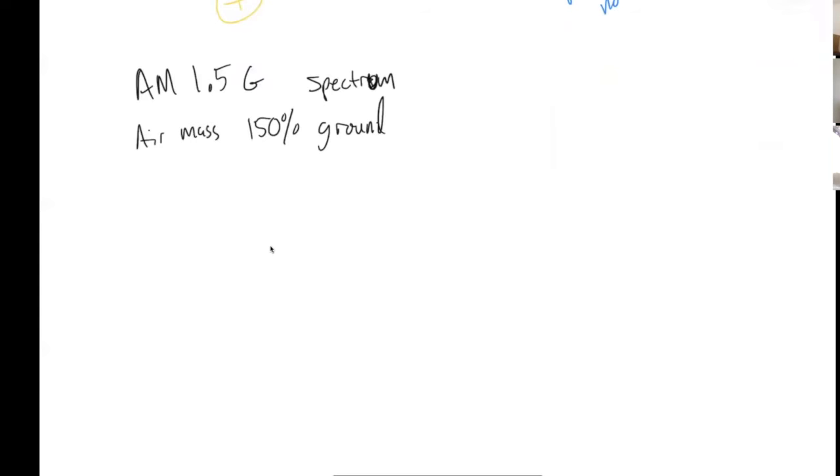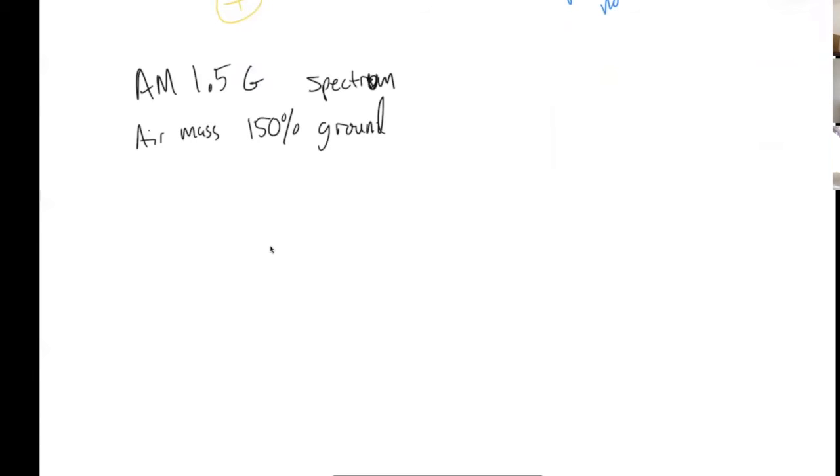is usually given by the AM 1.5G spectrum. And this stands for air mass 1.5 ground. And what does that mean?